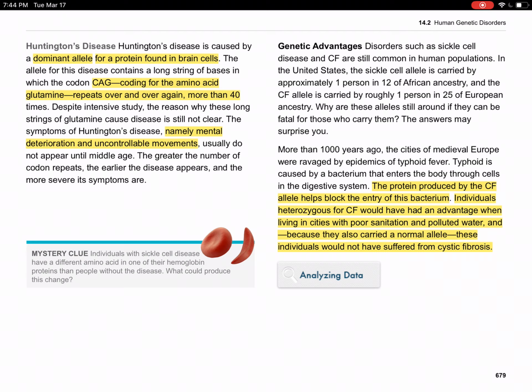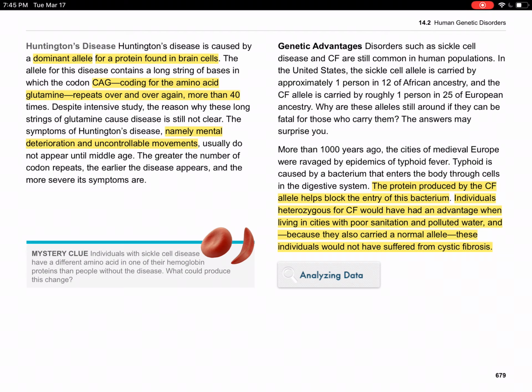Despite intensive studies, the reason why these long strings of glutamine cause disease is still not clear. The symptoms of Huntington's disease, namely mental deterioration and uncontrollable movements, usually do not appear until middle age. The greater the number of codon repeats, the earlier the disease appears, and the more severe its symptoms are.